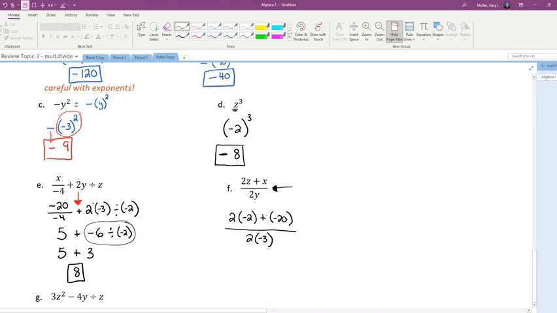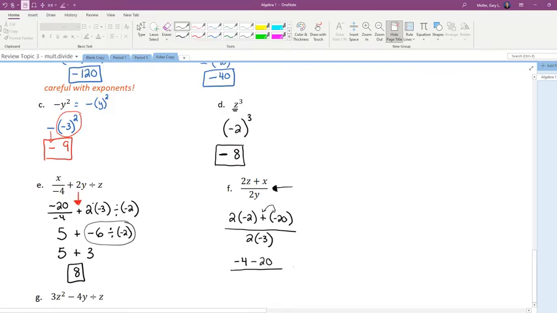All right, so on top, I have to do all that first. I have a multiply, and I have an add. I don't like this double sign right here, so I'm going to fix that as I go. So 2 times negative 2 is negative 4, plus a minus. That's the same thing as subtracting. So I'm going to look at the problem like this.